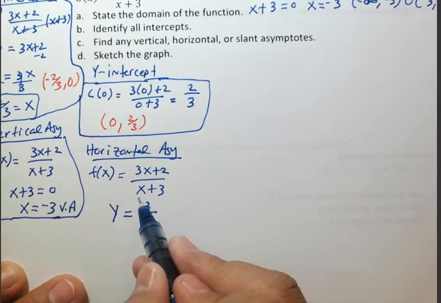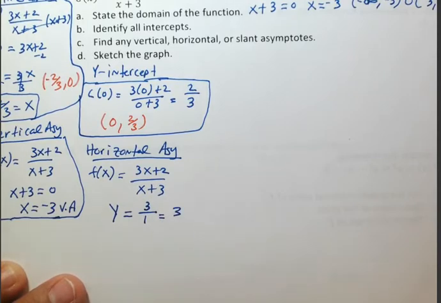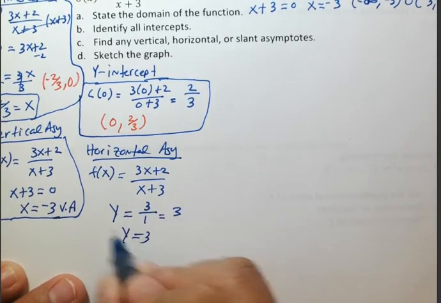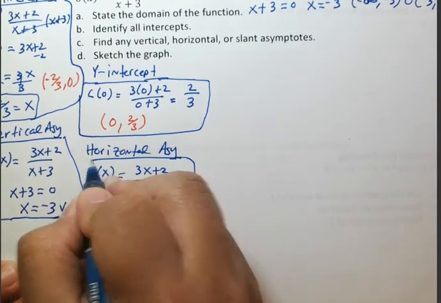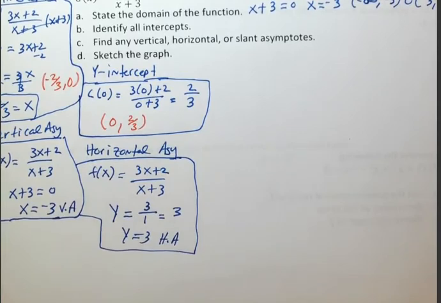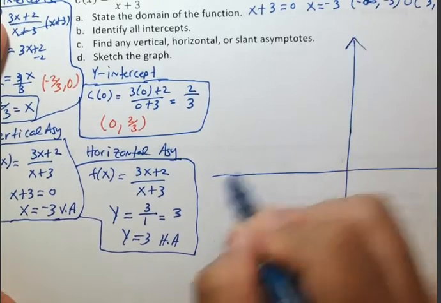My leading coefficient of the denominator is 1. So y equals 3 is my horizontal asymptote. If you have a horizontal asymptote, then you don't have a slant asymptote. You can only have either or. So now we're ready to graph.